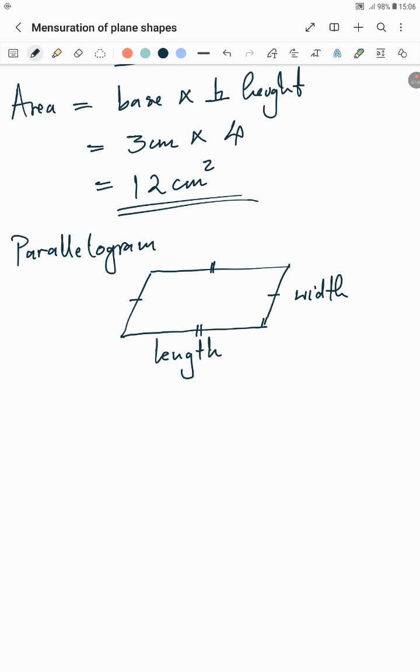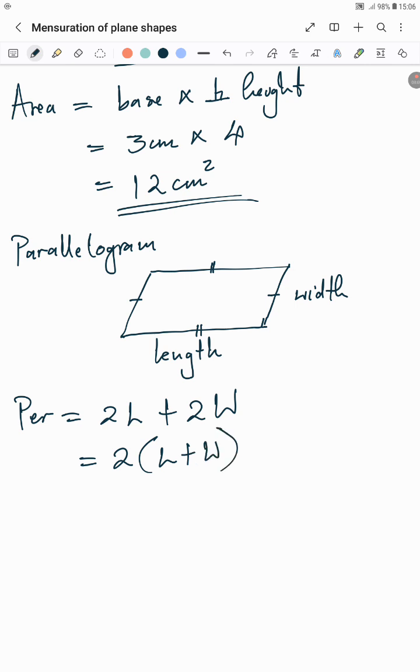The perimeter will be equal to 2 times the length, which is L, plus 2 times the width, which is W, and your formula will end up being the same as that of a rectangle.